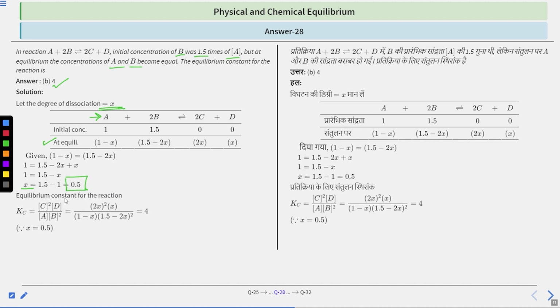Now the equilibrium constant for the reaction will be the concentration of C to the power 2 into the concentration of D, since C and D are products, divided by the concentration of reactants: concentration of A into concentration of B to the power 2.